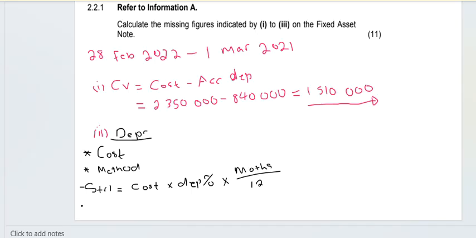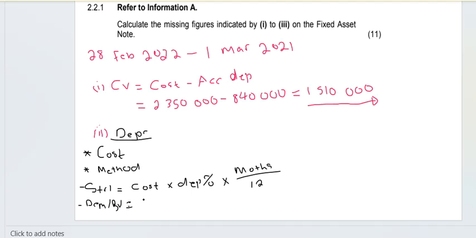So if you are using a diminishing, or book value, or reduction method, what do you need in order for you to survive?